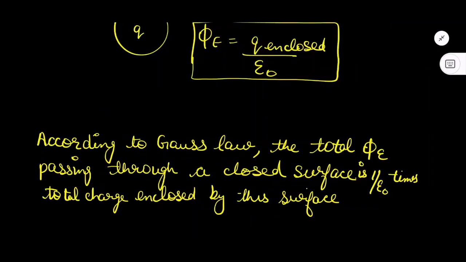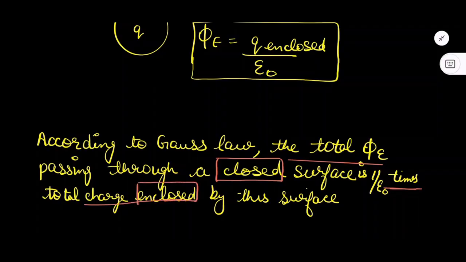Now according to the Gauss law, total electric flux passing through the closed surface, so it is an important point, is 1 by epsilon naught times total charge enclosed. Another important word, enclosed by the surface. So you must include both these words in your definition of the Gauss law.